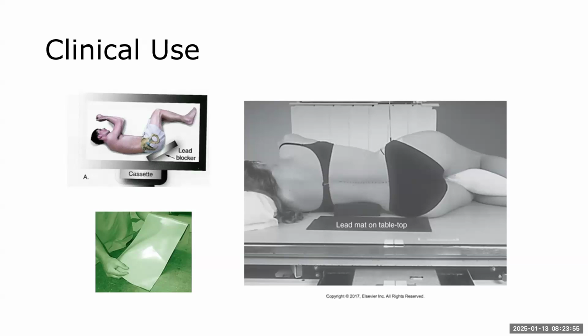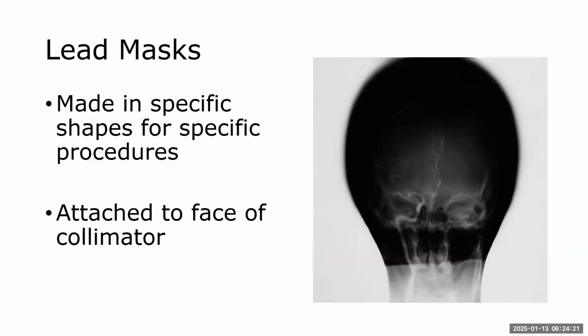We're going to have more scatter produced naturally. So what we can do to help with that is not change the amount of scatter that's produced, but change the amount of scatter that reaches the IR by placing a lead blocker right up behind the patient. What that does is help absorb scatter before it makes it to the IR. So we're going to actually do that in lab and show you how much it improves your image.